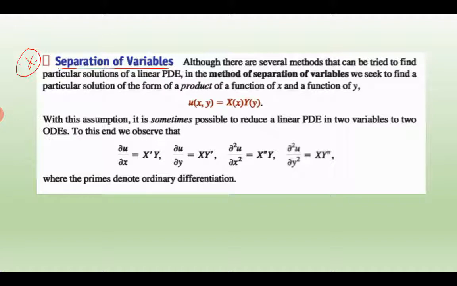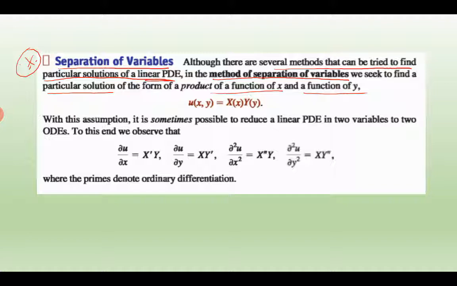Although there are several methods that can be tried to find particular solutions for a linear partial differential equation, in the method of separation of variables we seek a particular solution in the form of a product of a function of x and a function of y.